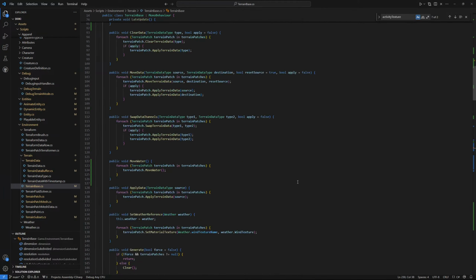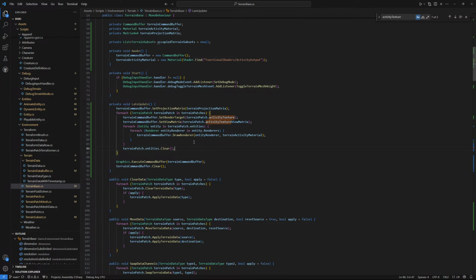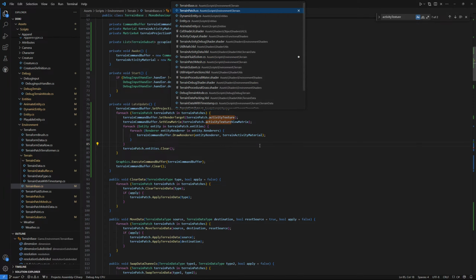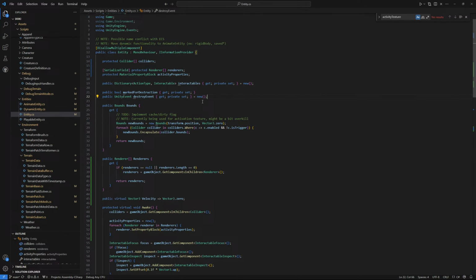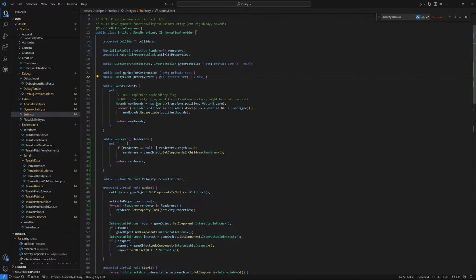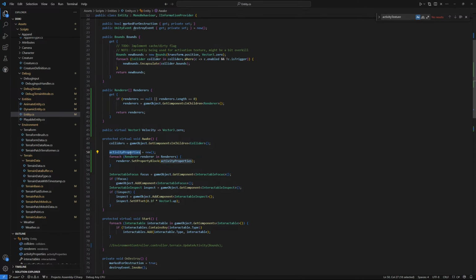I wonder if set projection, set view, set render target. I wonder if the problem is this one.